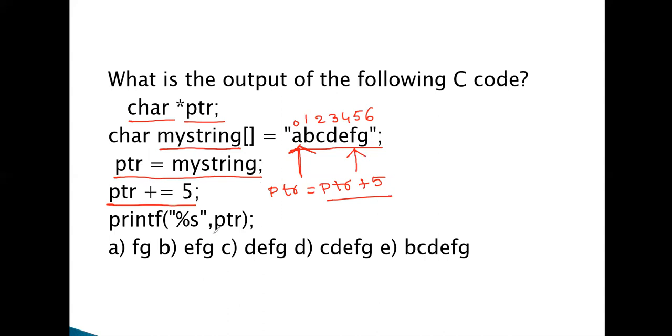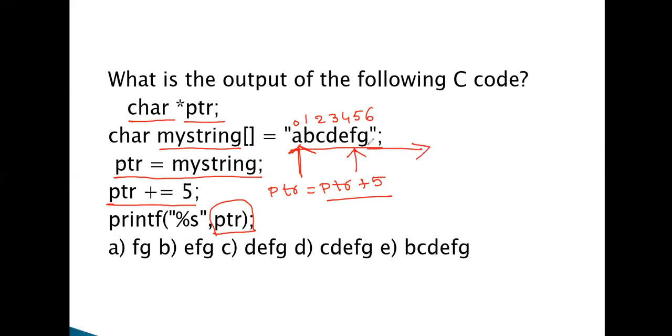Okay. Now print ptr. Remember, in strings, if you are pointing at a particular position, the meaning is from that position to the end of the string. So now ptr points to F. If you are printing ptr, it means from F to the end of the string.